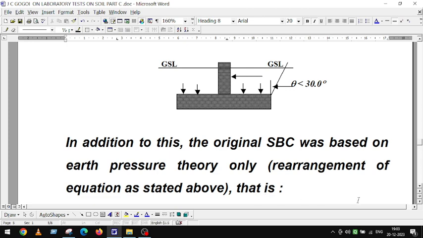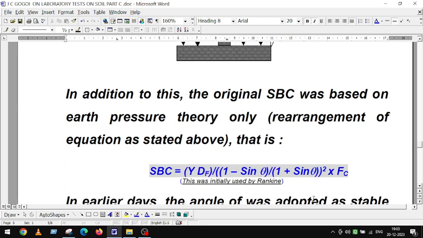In addition to this, the original SBC was based on earth pressure theory only. By rearrangement of the equation as stated above, that is gamma, df, and this earth pressure equation, this earth pressure to the power square, and FC safety factor, which is 1.33.